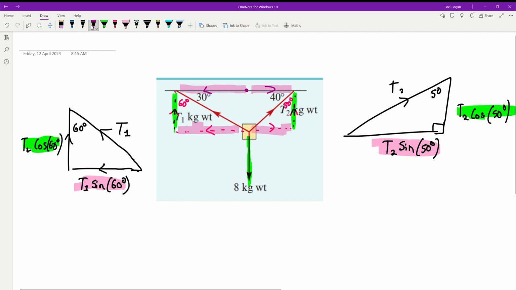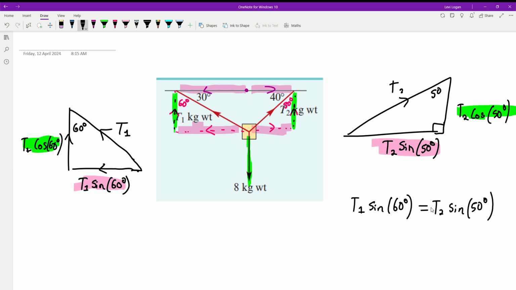So your first equation is that this is exactly equal to this. So what we get is T1 sine of 60 degrees is equal to T2 sine of 50 degrees, okay? So this is equal because the particle isn't swaying left or right. Now, the next equation is a bit trickier to think about because this component is holding the block up, but so is this one.